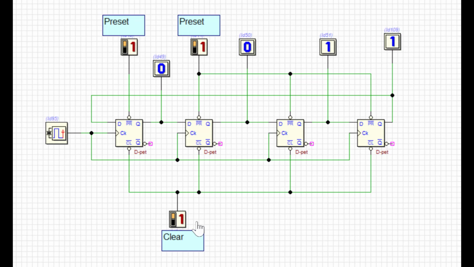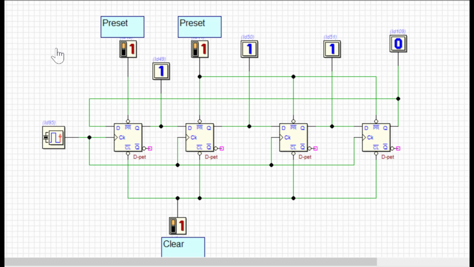Similarly, if you make three ones, now three ones are there. If you look here, the three ones are circulating without going to the original counting sequence. So this is a problem we are going to face in a ring counter whenever it goes to an invalid output state of the flip-flops.